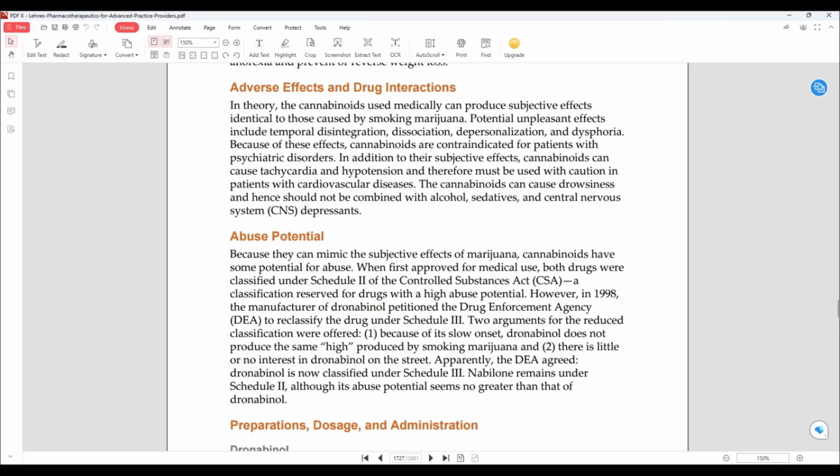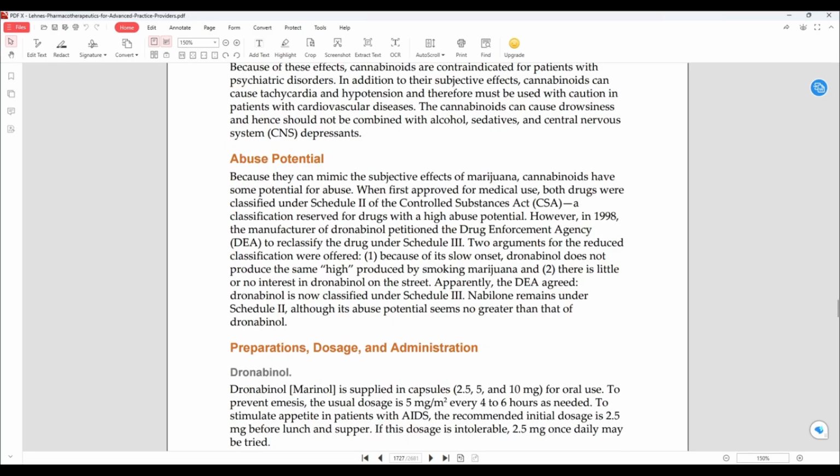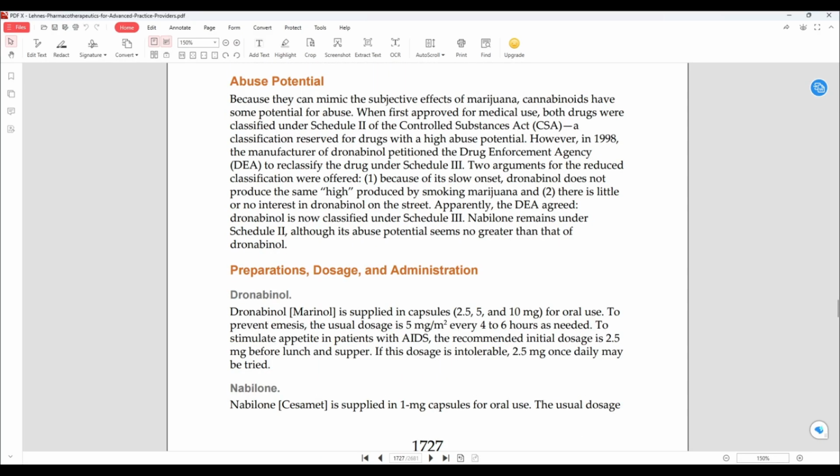In addition to their subjective effects, cannabinoids can cause tachycardia and hypotension, and therefore must be used with caution in patients with cardiovascular disease. The cannabinoids can cause drowsiness and hence should not be combined with alcohol, sedatives, and central nervous system depressants.